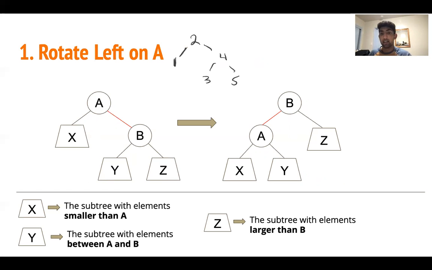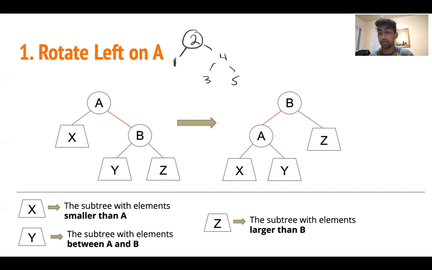There's no red links. So if we decide to rotate 2 to the left, what's going to happen, this is how I like to do rotations visually: if I'm rotating 2 to the left, let's say this is 2, this is 4, it goes like that, okay? That's how I like to think about rotations, right? We're rotating 2 to the left.